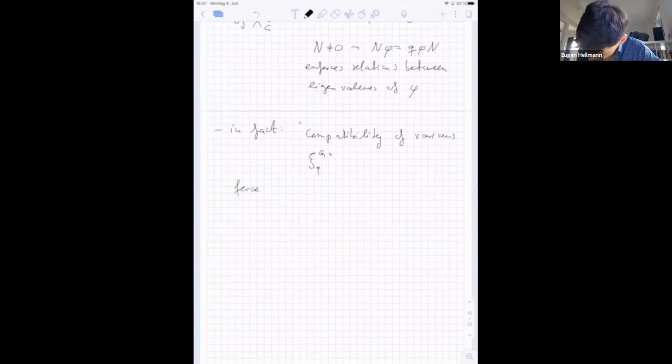Okay, and these problems are resolved if you consider the space of phi n modules for a parabolic subgroup not as a scheme but as a derived scheme.